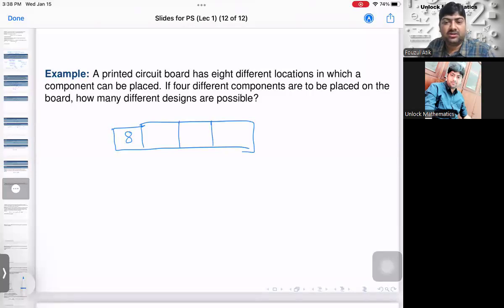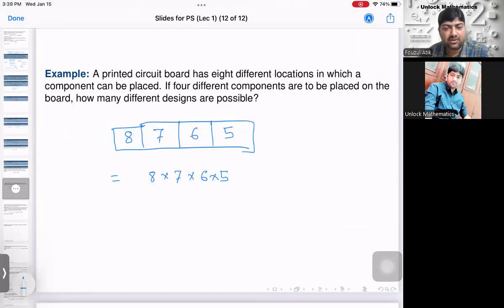You can put the first component in any of the 8 different locations. But once the first one is done, for the second one you have only 7 locations possible. For the third component you have only 6 because 2 are already filled up. For the fourth one you have 5. So altogether it is 8 into 7 into 6 into 5.